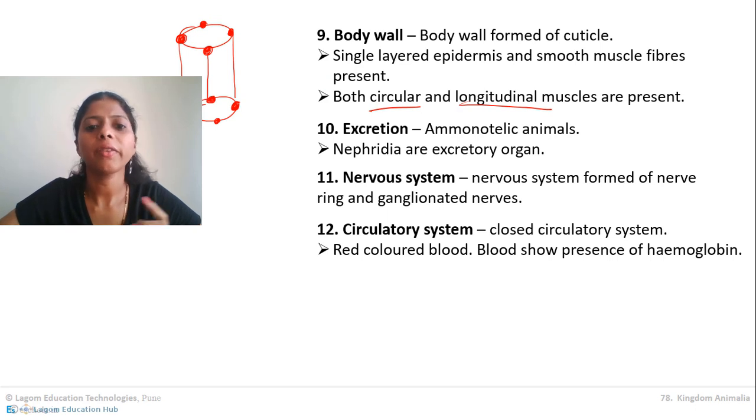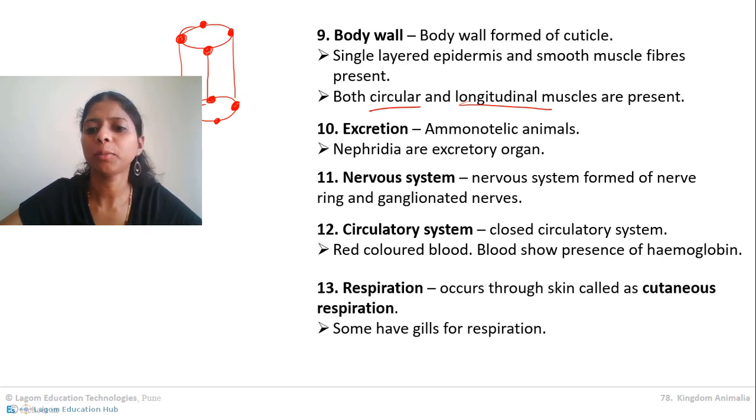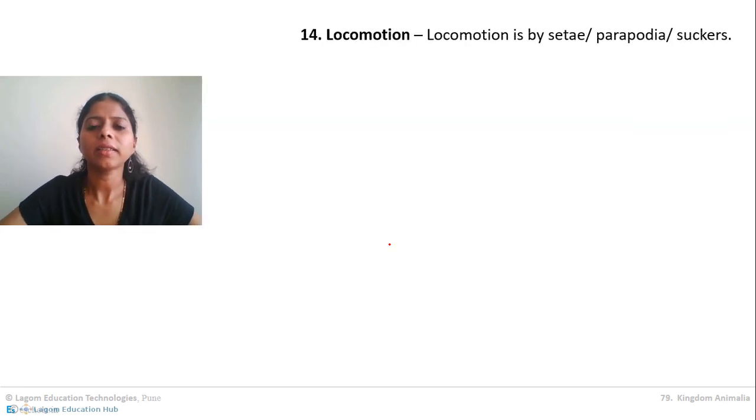The next one is they have a closed circulatory system with red blood and blood cells with hemoglobin. Respiration, remember which respiration? Cutaneous respiration, and sometimes they have gills. Another characteristic is they do locomotion either by suckers, as in the leech, or Nereis does it with parapodia, and some Annelida do movement with setae.